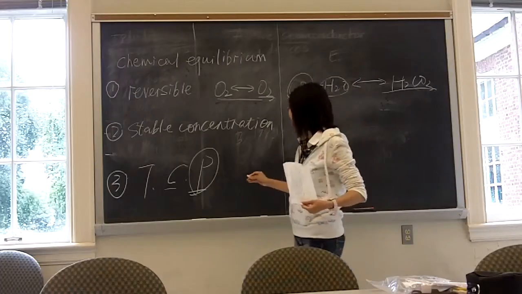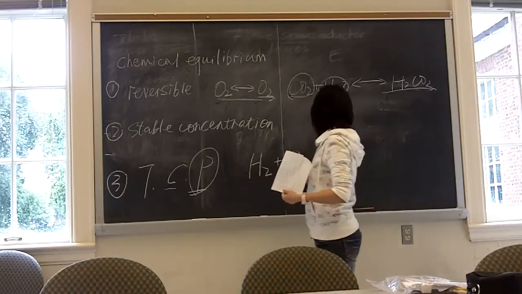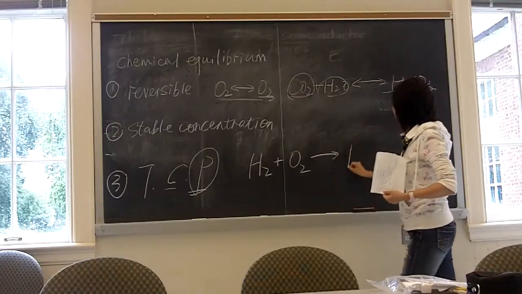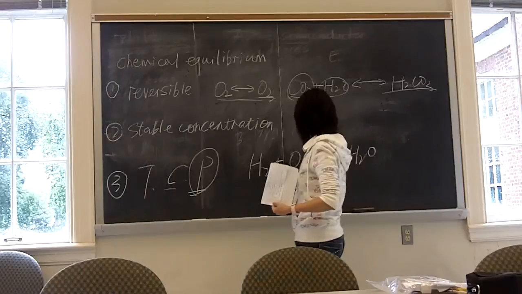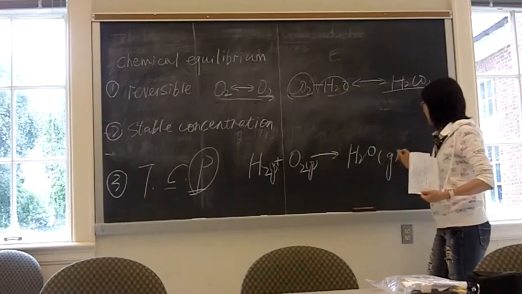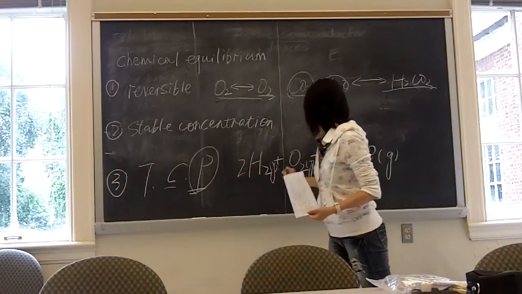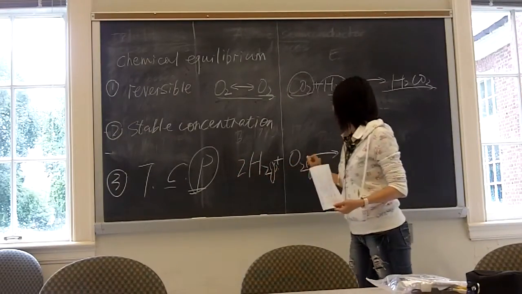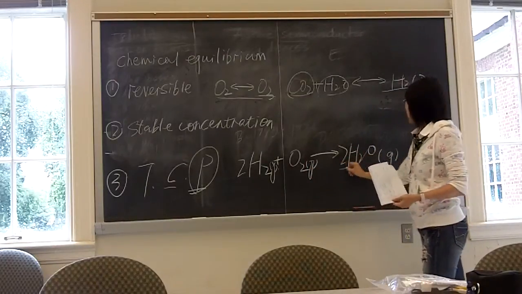For example, hydrogen can be burned by oxygen to form water vapor, and hydrogen is a gas, oxygen is also a gas, and water vapor is also a gas. We can find that two hydrogen plus one oxygen produce two water vapor.